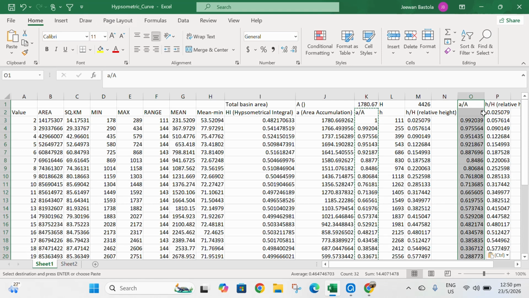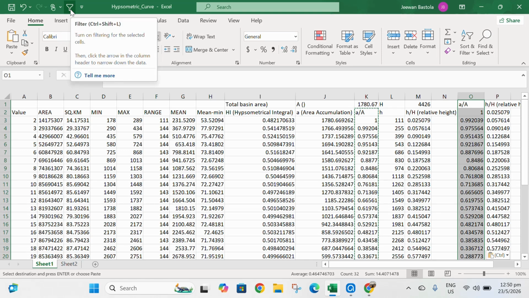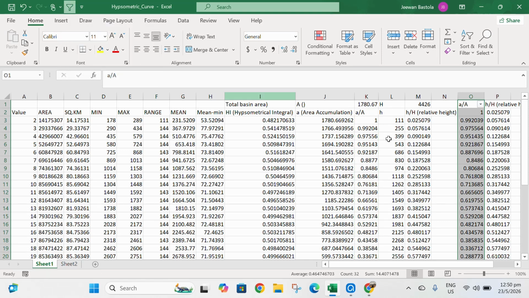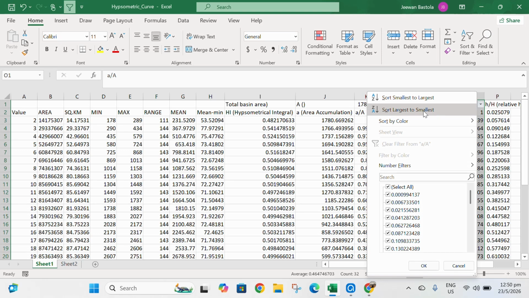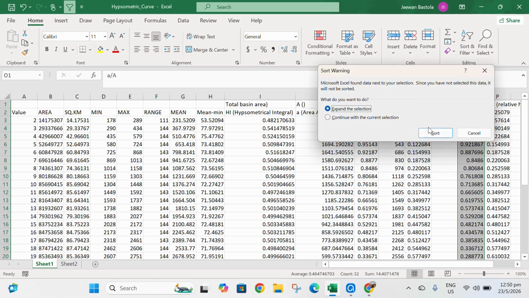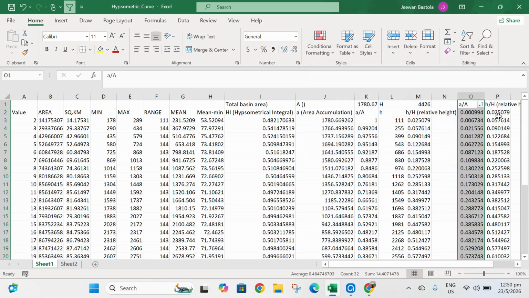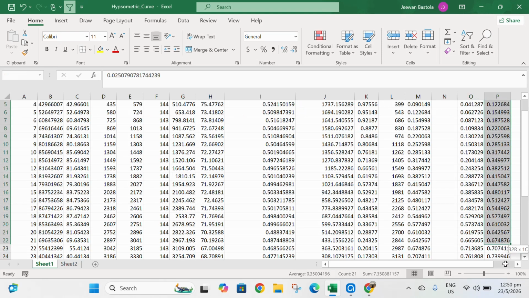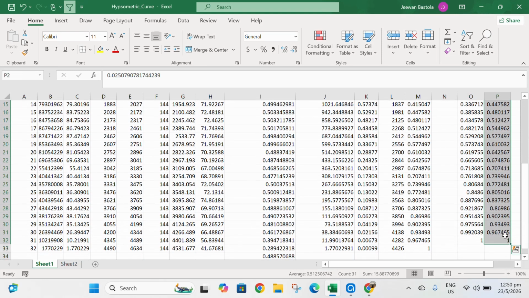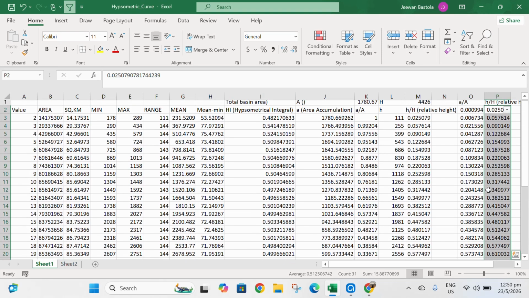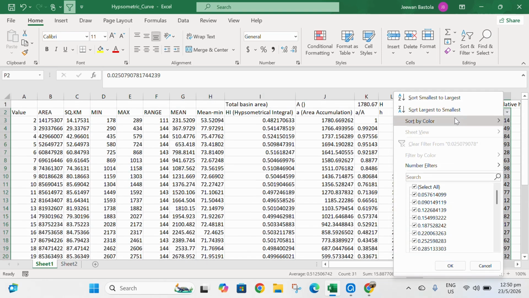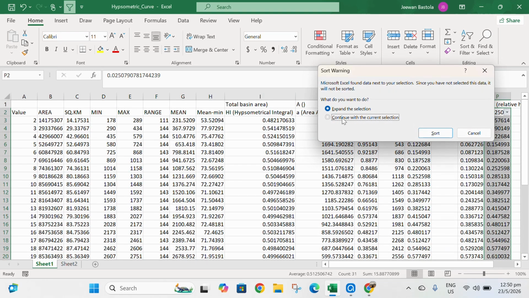So you have to sort the relative area from smallest to largest, and then the relative height from largest to smallest.